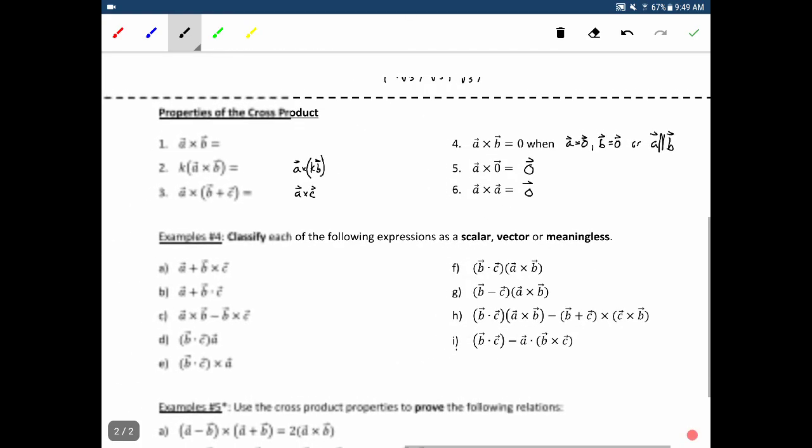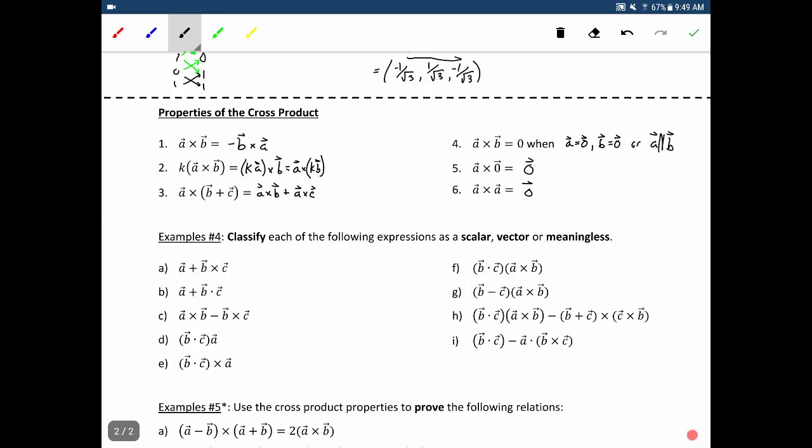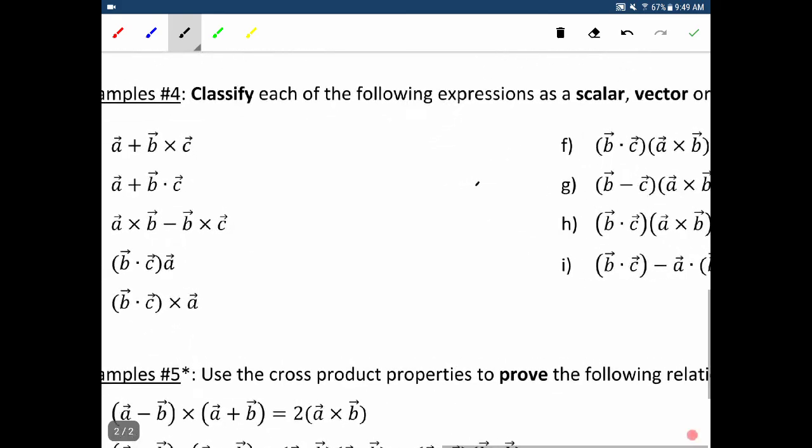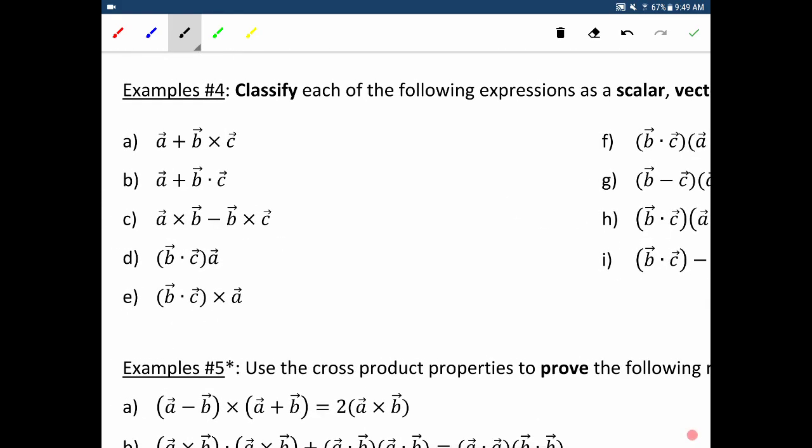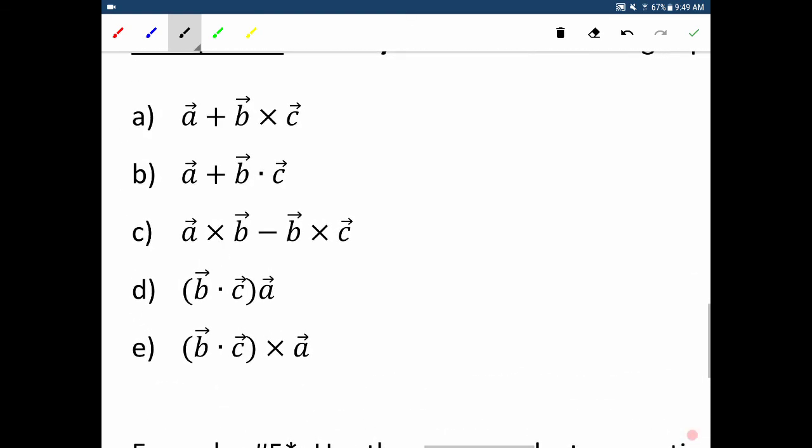So, what we're going to do here is I want you to decide for each one whether it's a scalar, a vector, or it's meaningless, because some of them just are nonsense. Okay? So, for instance, this first one, we do have to follow BEDMAS, obviously. So we would do this first. So we got a cross product, which is going to give us a vector.